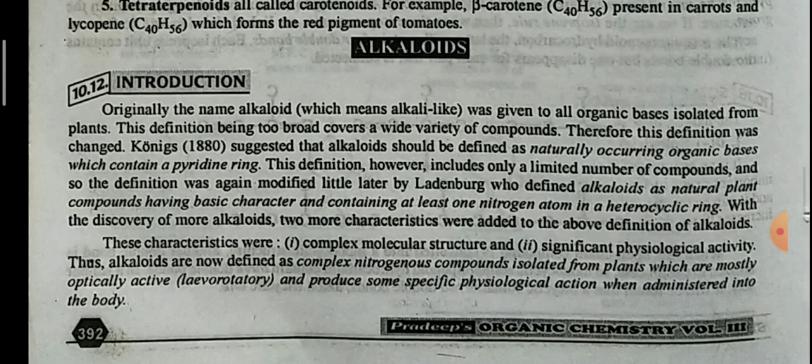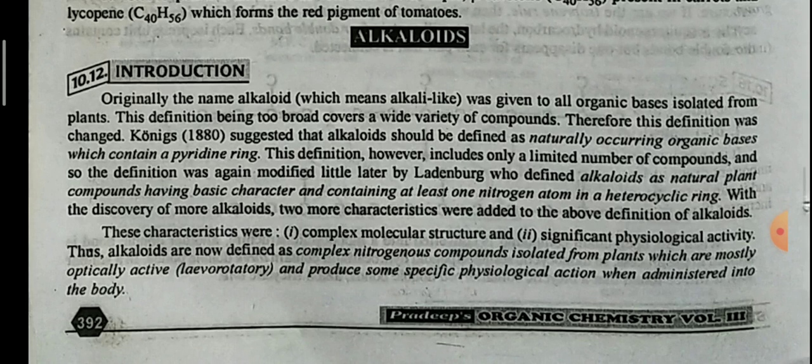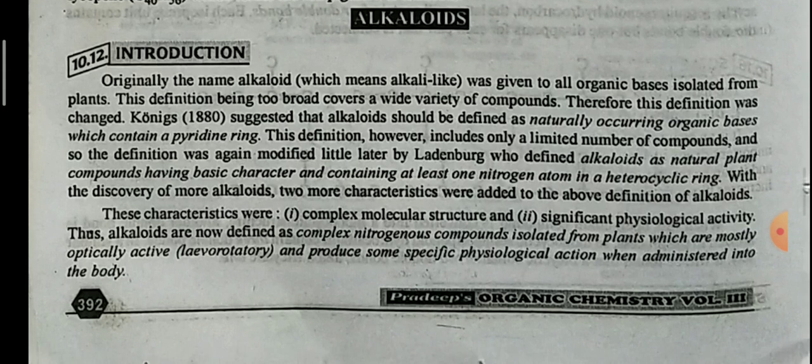This definition, however, includes only a limited number of compounds, and so the definition was again modified a little later by Ladenburg, who defined alkaloids as natural plant compounds having basic character and containing at least one nitrogen atom in a heterocyclic ring. With the discovery of more alkaloids, 2 more characteristics were added to the above definition of alkaloids.